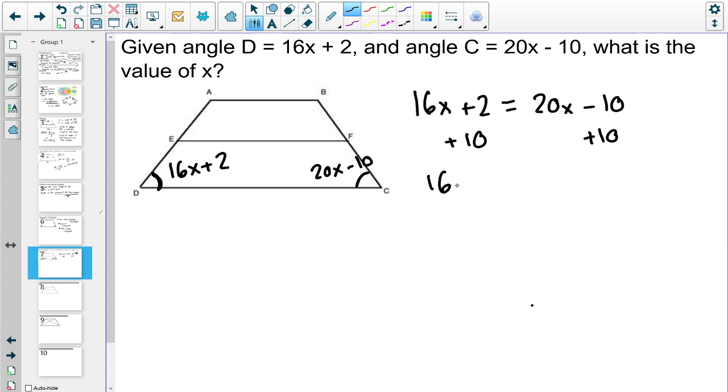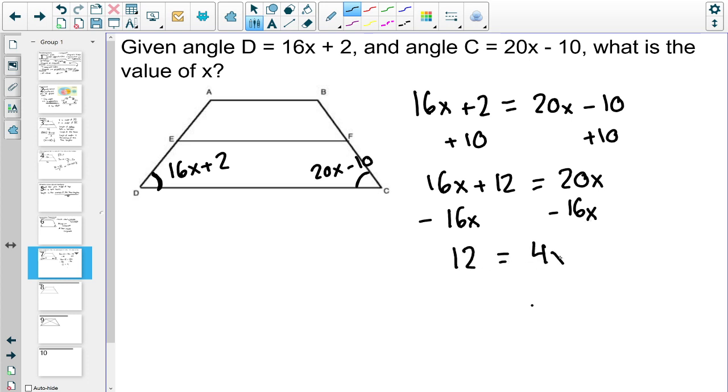You get 16x plus 12 equals 20x. Then let's subtract this 16x to get x's all on one side. Then we're left with 12 equals 4x. And then we want to get that x by itself, so the last step we do is divide by 4.